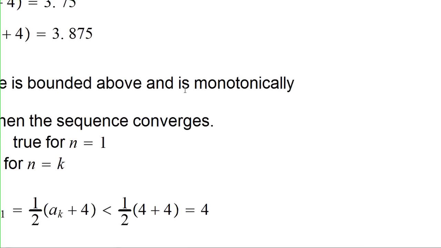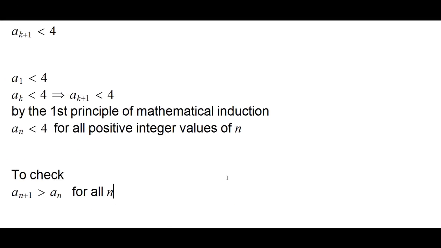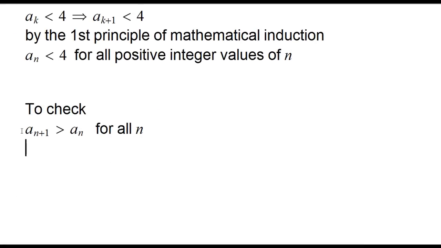Now we would like to show that the sequence is also monotonically increasing. That is, we would like to check that a_(n+1) is greater than a_n for all n. Or in other words, we would like to show that a_(n+1) minus a_n is greater than 0 for all n. So let's try to do that. We will look at a_(n+1) minus a_n.